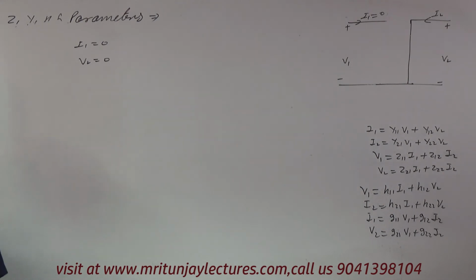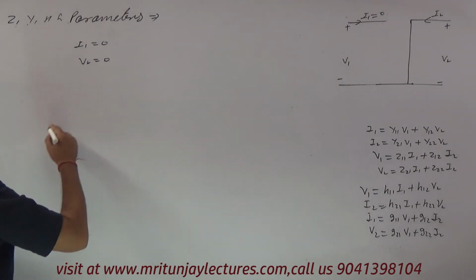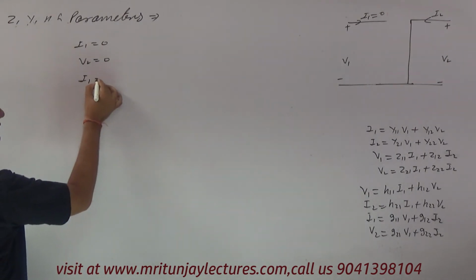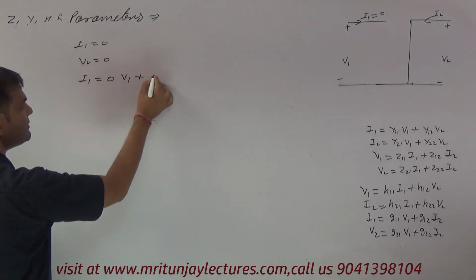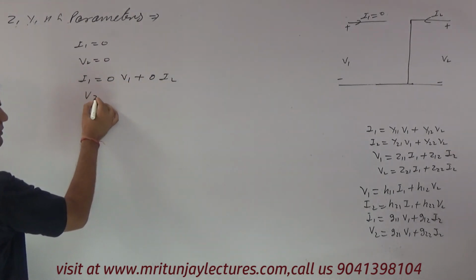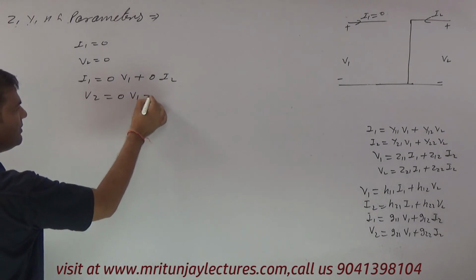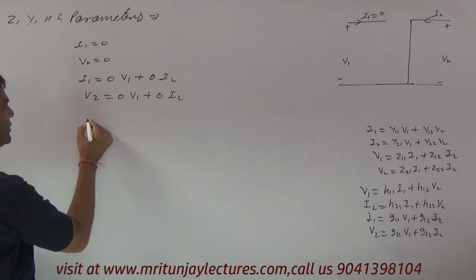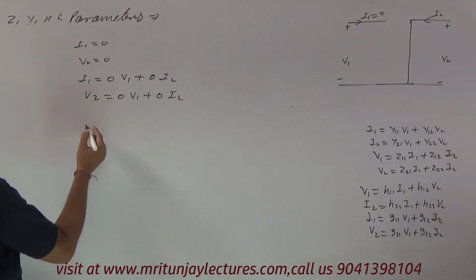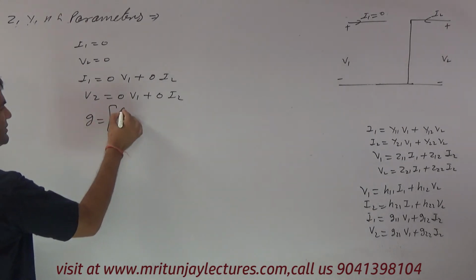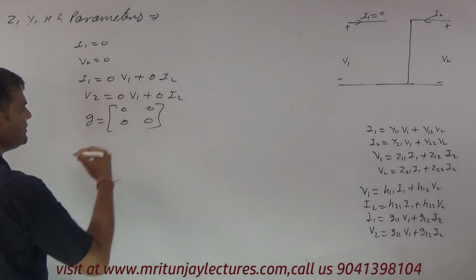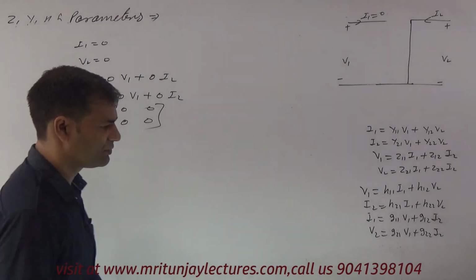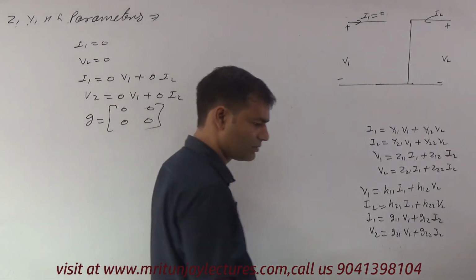So only G parameters exist corresponding to this one. If written, I1 is 0 V1 plus 0 I2, and V2 is written as 0 V1 plus 0 I2. So what about the G parameter? That is 0, 0, 0, 0. Okay. Now next one.